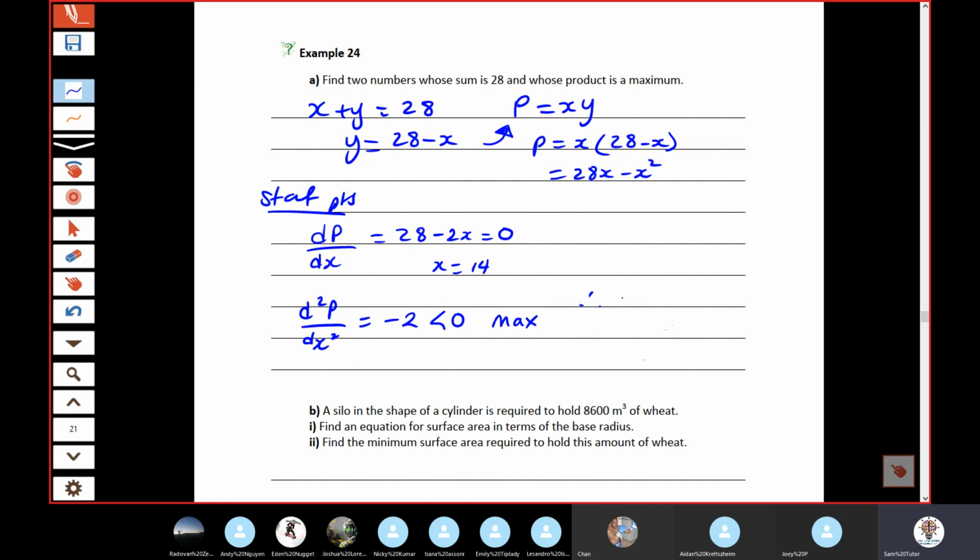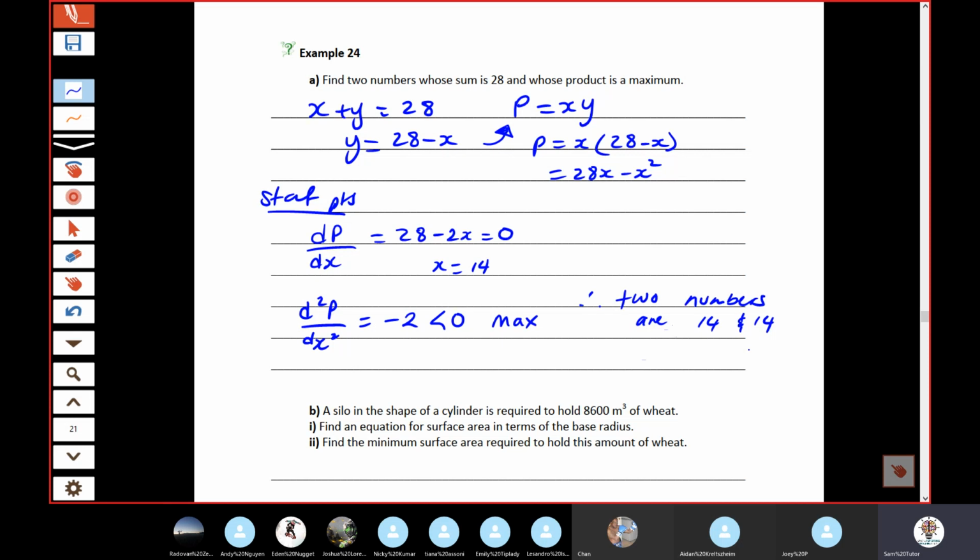Therefore, two numbers are 14 and 14. Such that they sum to 28, but their product is also a max. All good? Any questions?